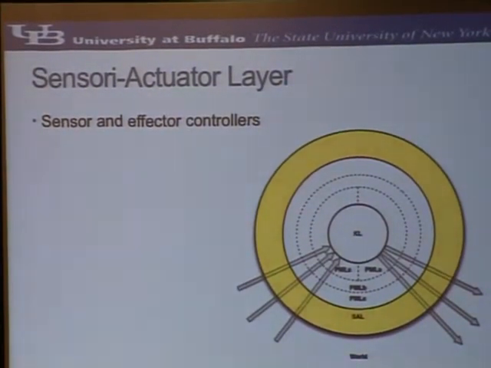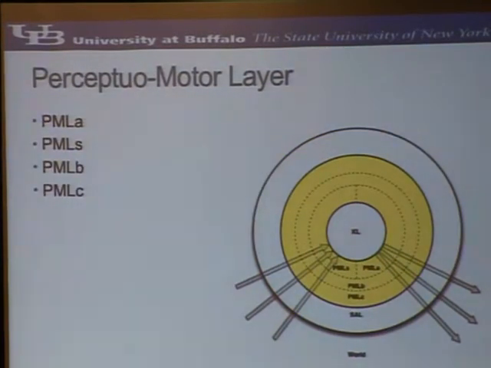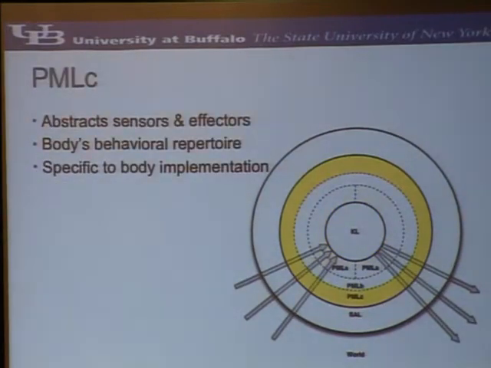What I still refer to as the bottom layer, the outermost layer, the Sensori-Actuator level, controls the sensors and effectors. In a hardware robot, this is the onboard sensors and effectors of the robot. Then there's a set of layers called the Perceptuo-Motor Layer, and I'll talk about each of the sublayers in turn. PML-C abstracts the sensors and effectors and forms the agent's behavioral repertoire.